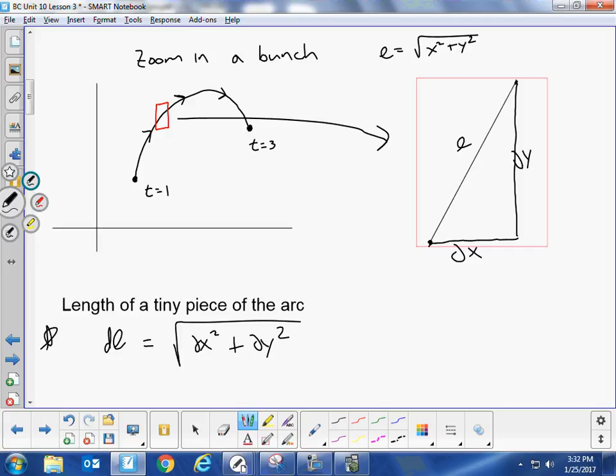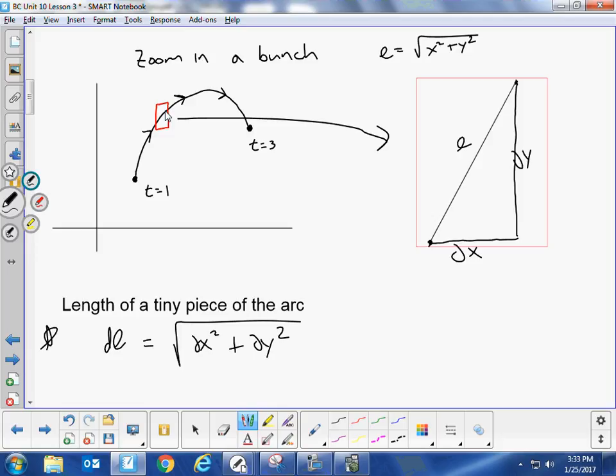Okay, I now have something that can help me find the length of a very, very tiny piece of the curve. But I want the length of the entire curve. What operation can I do to take the length of this tiny piece and get the length of the entire arc? What would the integral do?